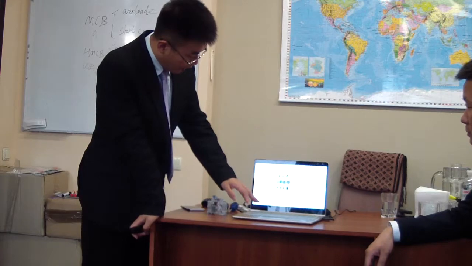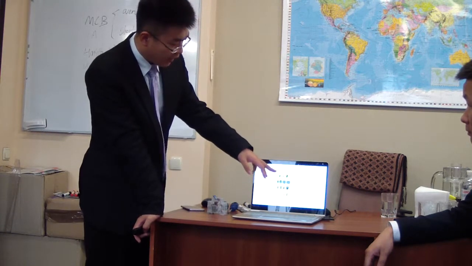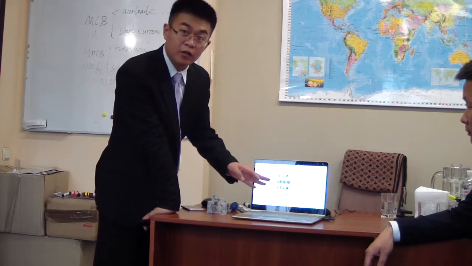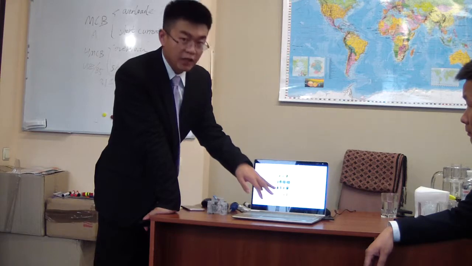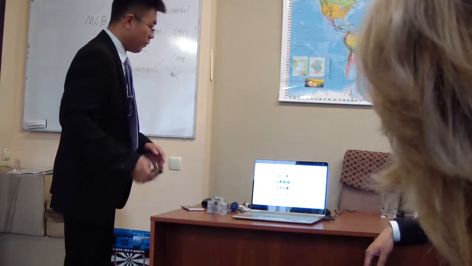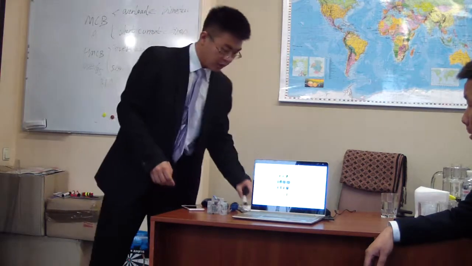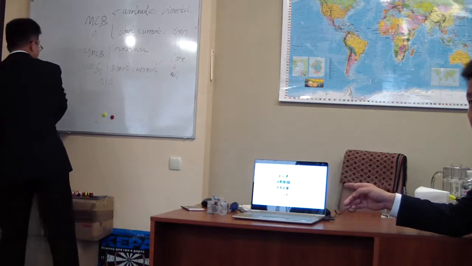The amperes are also different. NDB3 has 3 frames: 30, 50, and 100. The color is also different.